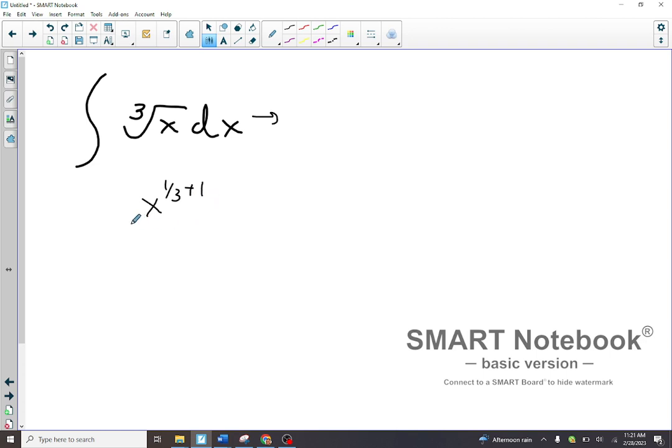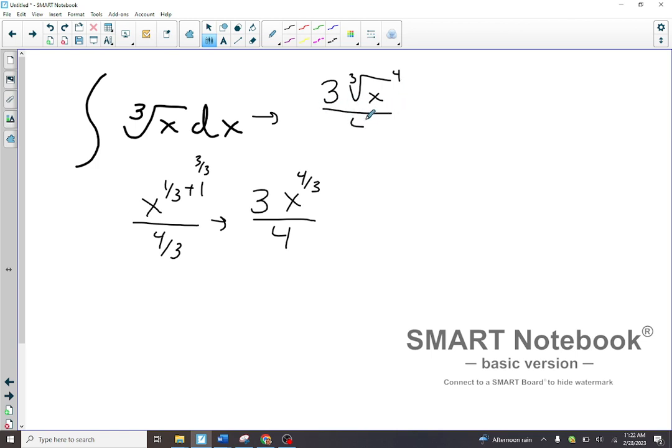Then I'm going to plus 1, then divide by the new sum. 1, which is 3 over 3, plus 1/3 is 4 over 3. Remember, dividing by 4 over 3 gets rewritten as 3 over 4. So I'm going to rewrite this, to make it cleaner, as 3 times the cube root of x to the 4th power over 4.